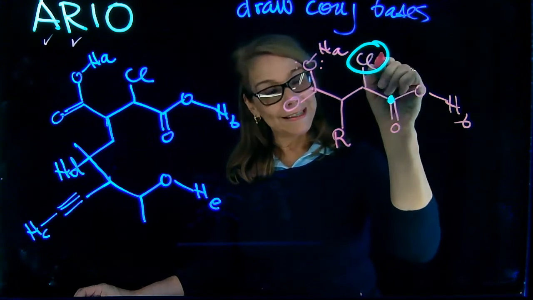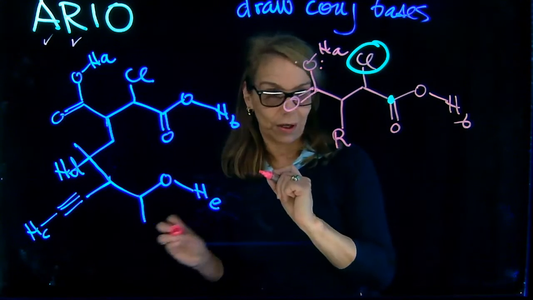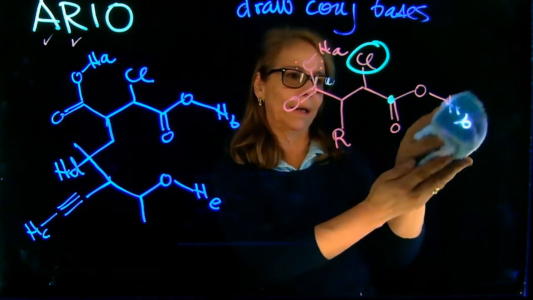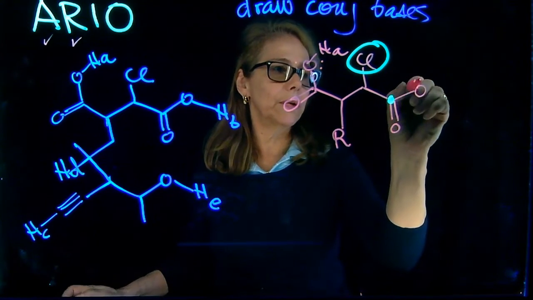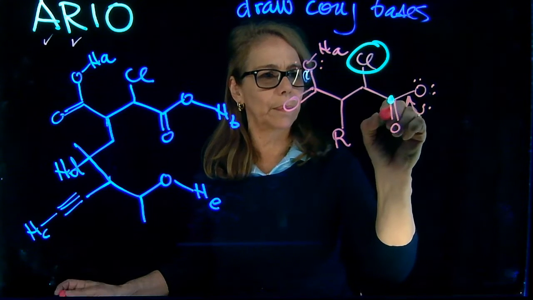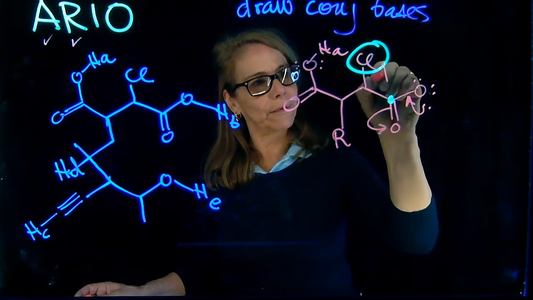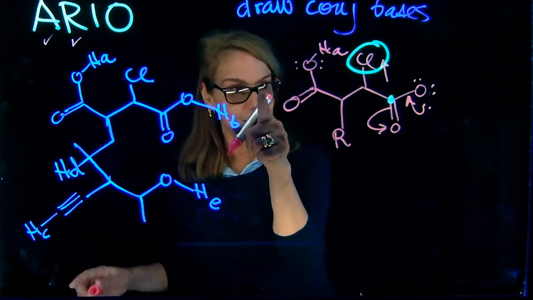So the chlorine is closer to this than it is to the other side. That means that when I form my anion here, the anion is not only stabilized by resonance, but also you have the electron withdrawing effect of the chlorine, which is closer here than it is to that side.